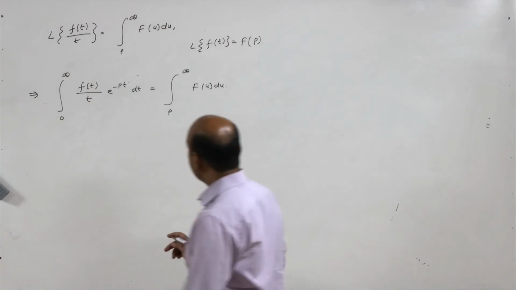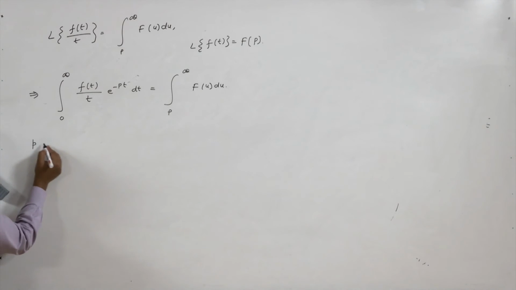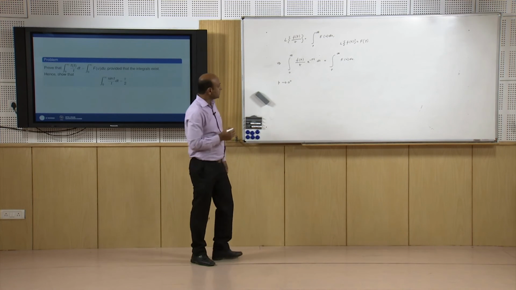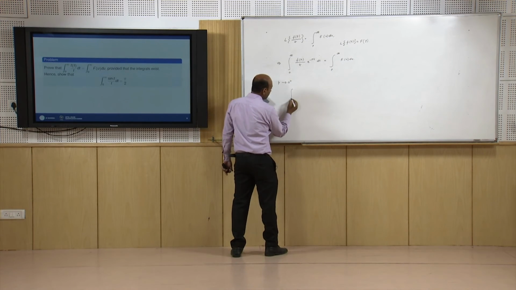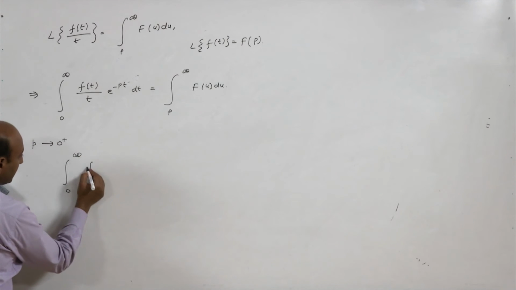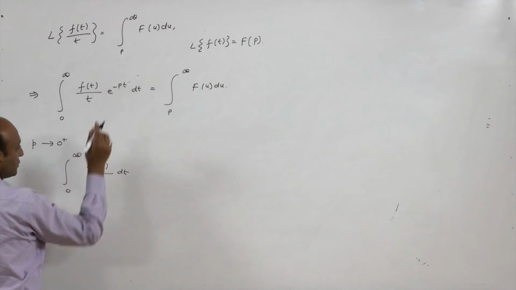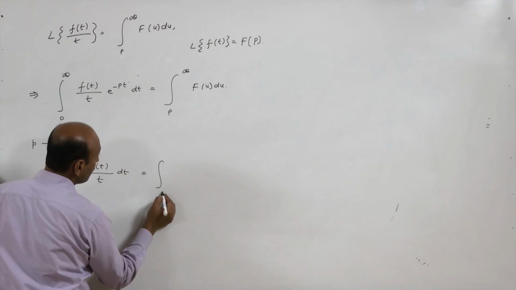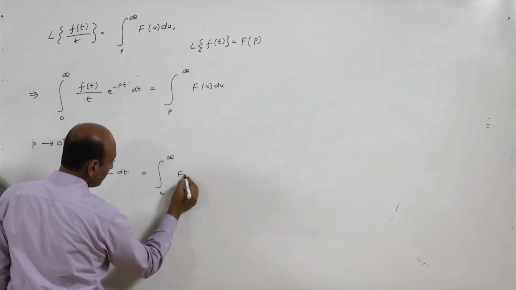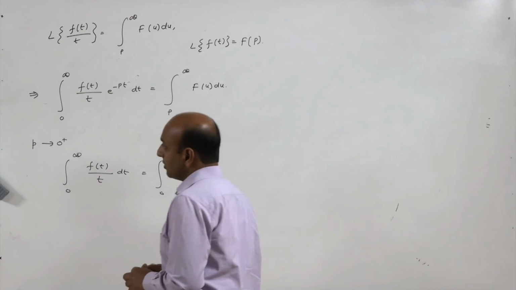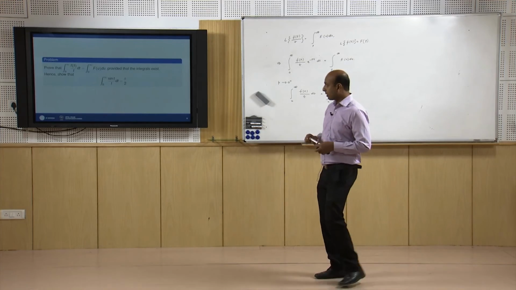Now, you take the limit p tending to 0 plus on both sides. So, what will we obtain? It is the integral from 0 to infinity of f(t) by t dt, because e to the power 0 is 1, and it is equal to the integral from 0 to infinity of F(u) du. So, hence we got the first part of this problem.